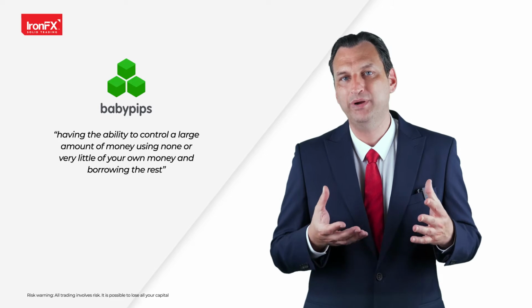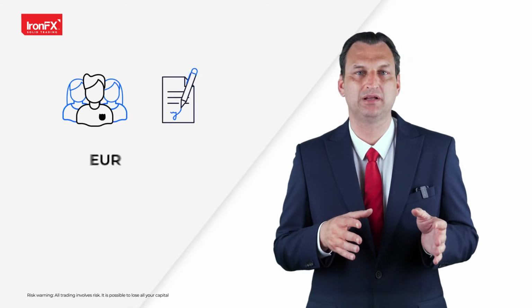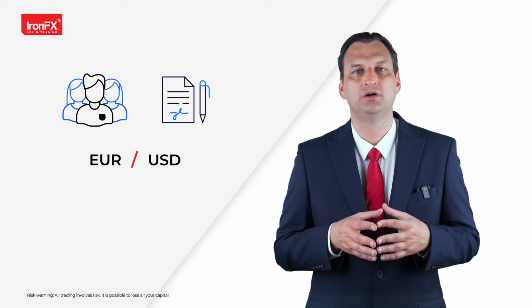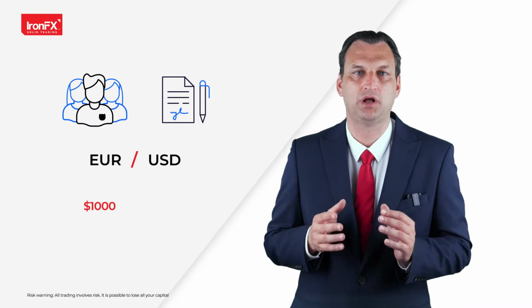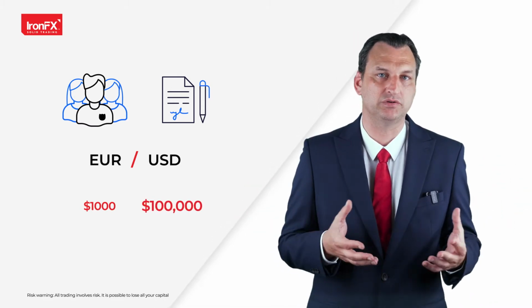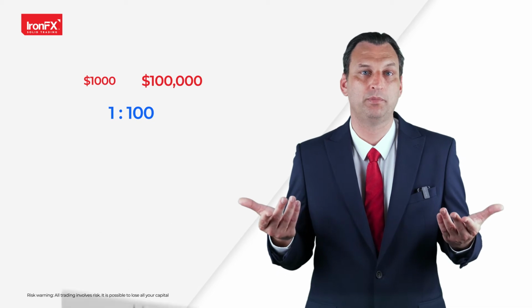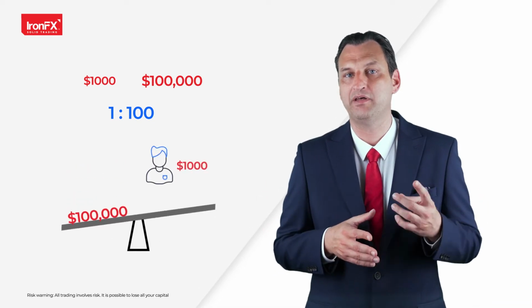So, in retail FX trading, where traders use contracts for difference to trade currency pairs via leverage, the broker will set aside, for example, only $1,000 to allow you to control a position of the size of $100,000. That would mean that your leverage is 1 to 100, as practically you control a position sized 100K by setting aside only $1,000.